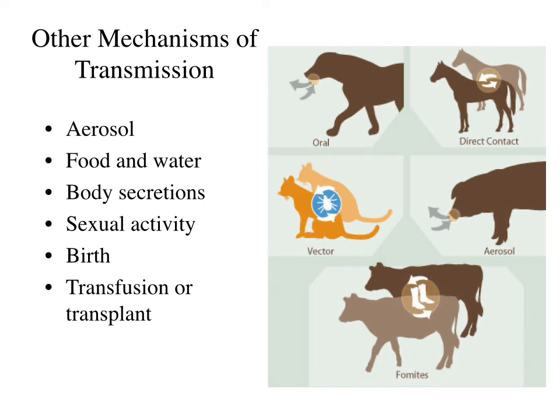There are other mechanisms of transmission as well. Aerosol, food and water, bodily secretions, birth. One thing that you may not think about as much would be transplants. In 2004, we had a case where a patient in Houston with undiagnosed rabies was a donor to 3 recipients.